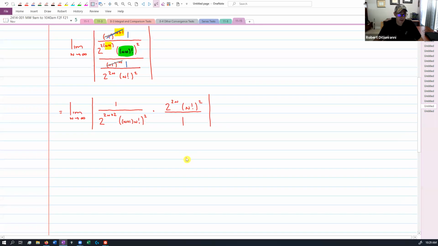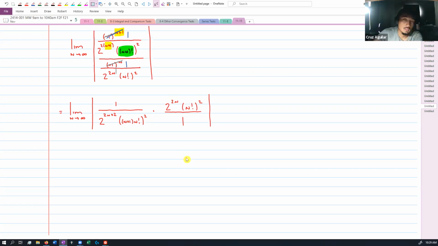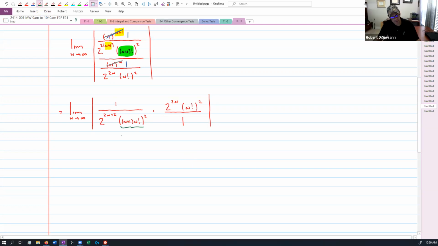Someone want to tell me what my next step was after this? Factorial, you could square each of them separately and then cancel the factorial squares out. Yeah, you can take this and split it into n plus 1 squared and then n factorial squared, because there's multiplication between those, so you can square each one.